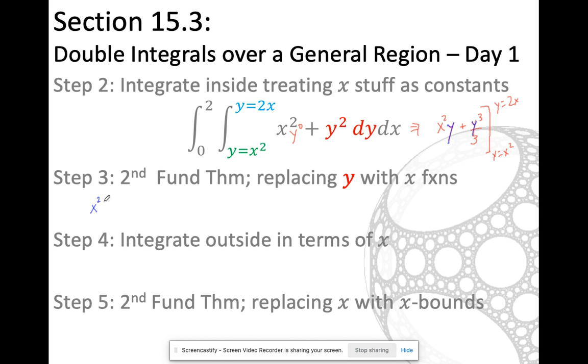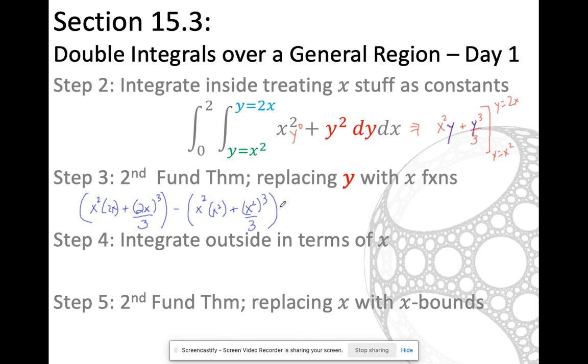I have x squared y plus y cubed over 3, second fundamental theorem, minus what? x squared times x squared plus x squared cubed over 3.